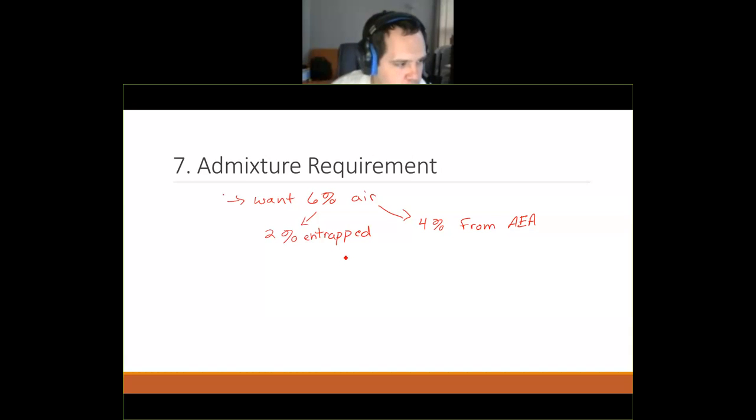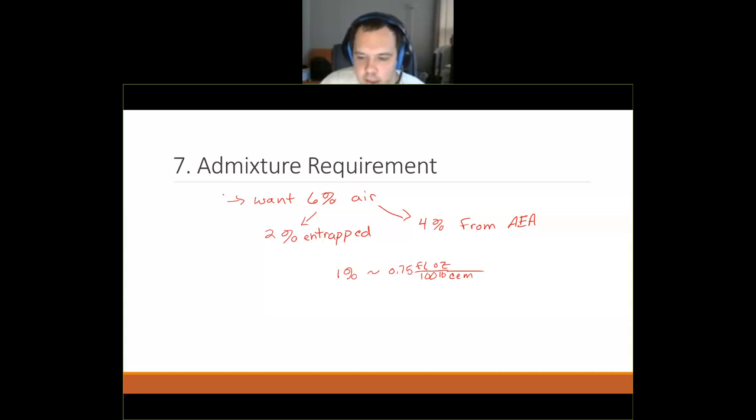So for this particular admixture, and this is the same one that we worked with in class, 1% of air is roughly 0.75 fluid ounces per 100 pounds of my cement. Now, when you look these up, you can find this information readily on the manufacturer's website.